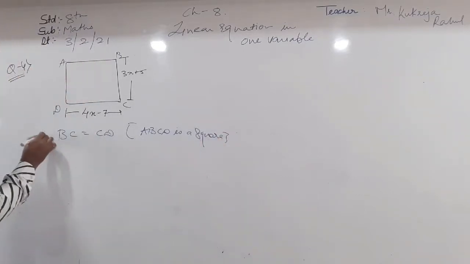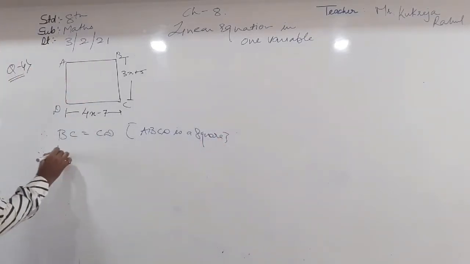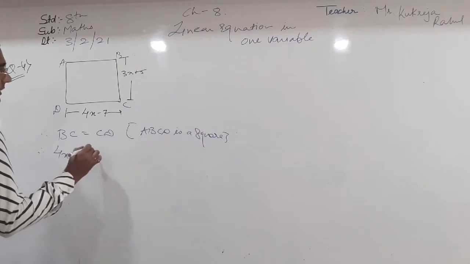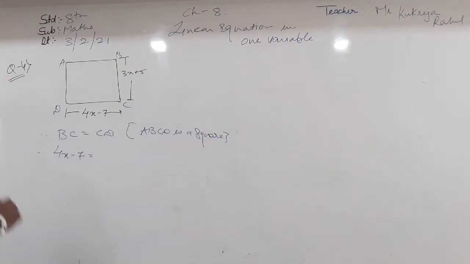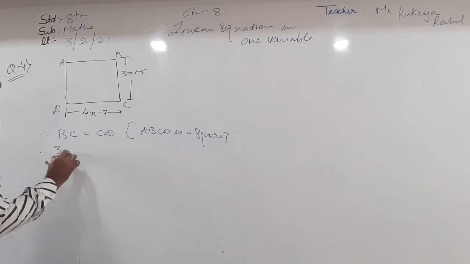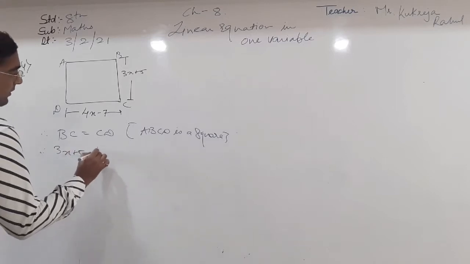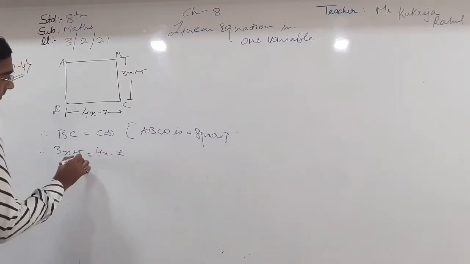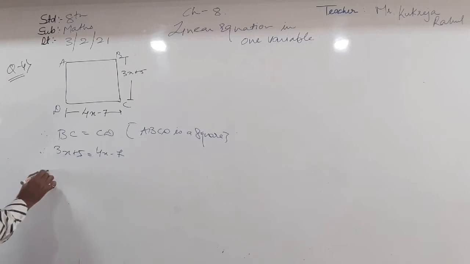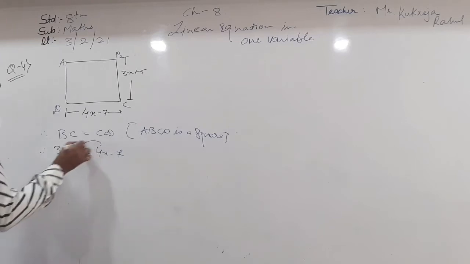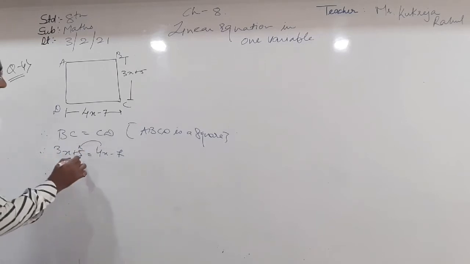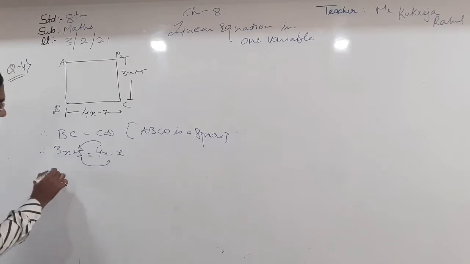So therefore 3x plus 5 is equal to 4x minus 7. Okay? So therefore now 4x is shifted to this side and 7 is shifted to the second side.